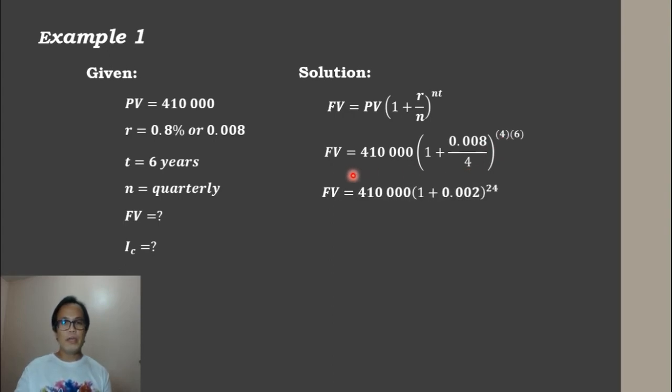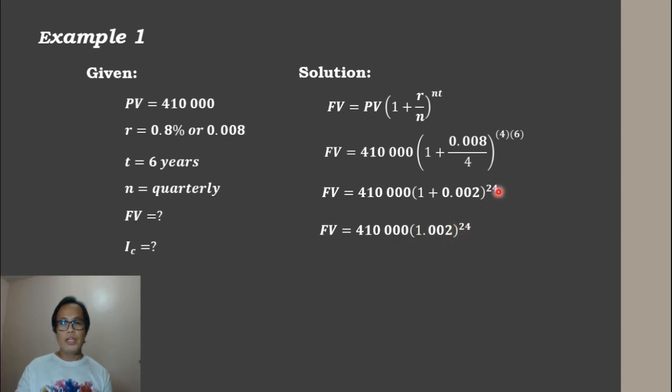So the result would be we copy 410,000 times 1 plus 0.008 over 4 is 0.002. Then quantity raised to 4 times 6 is 24. Next is we add, of course, we add 1 plus 0.002 that give us 1.002.